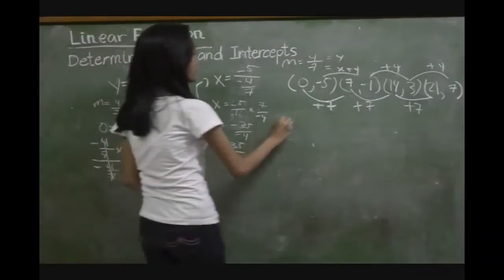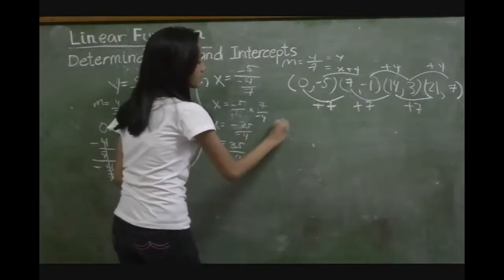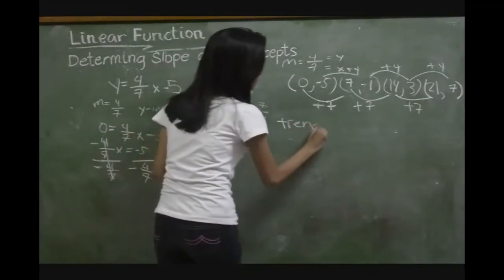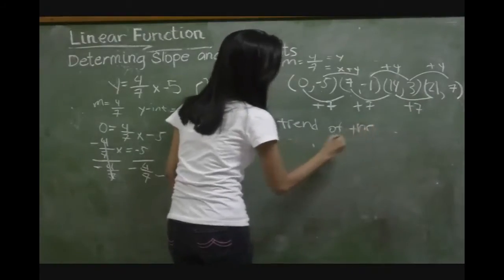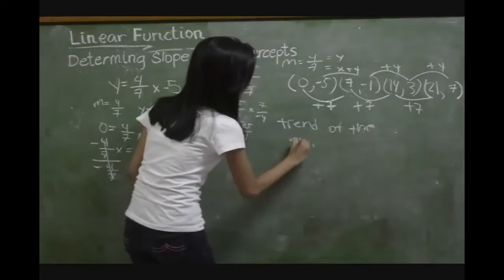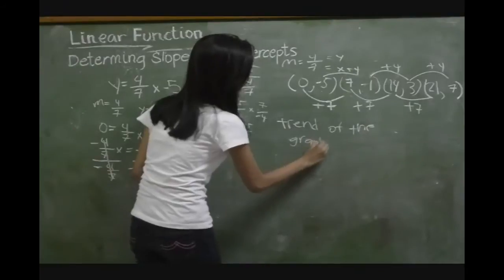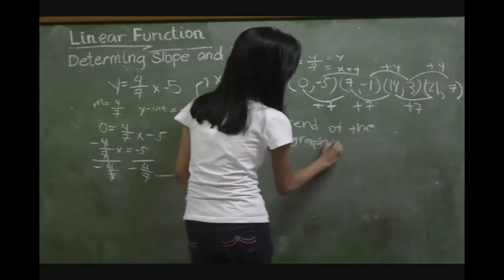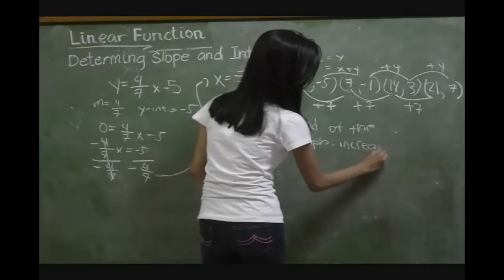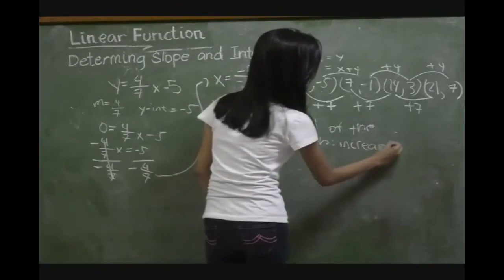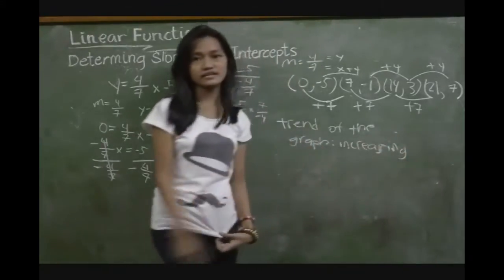Since the slope is positive, the trend of the graph is increasing, because m is greater than 0.